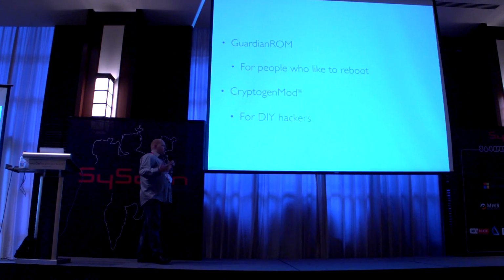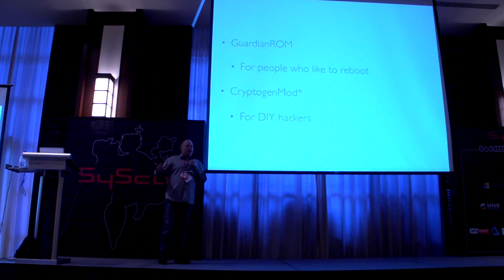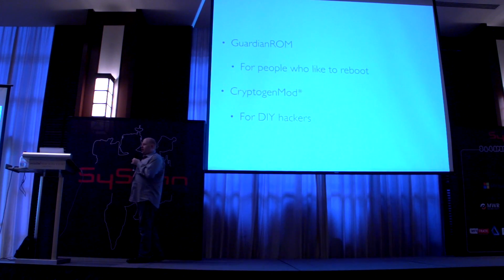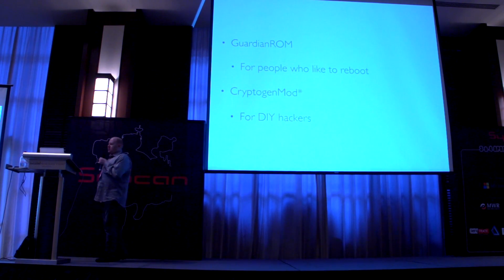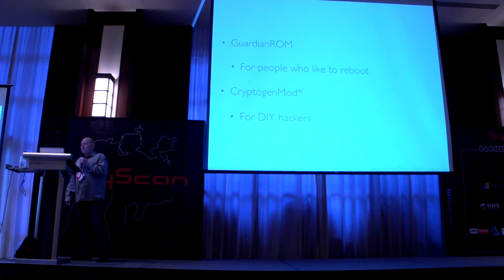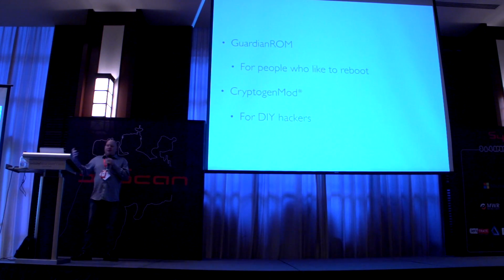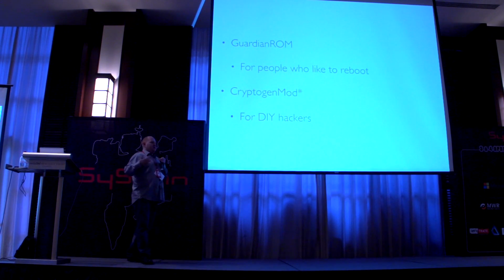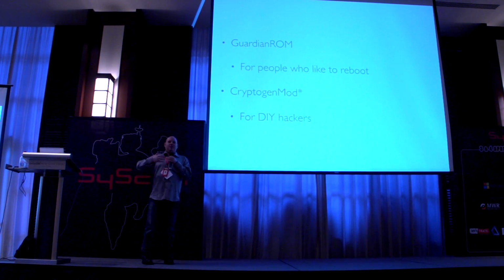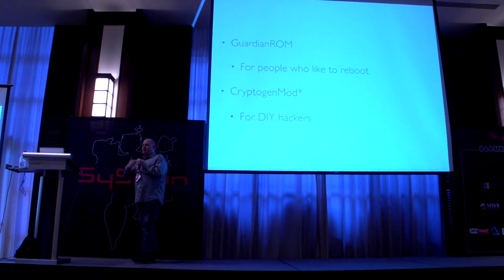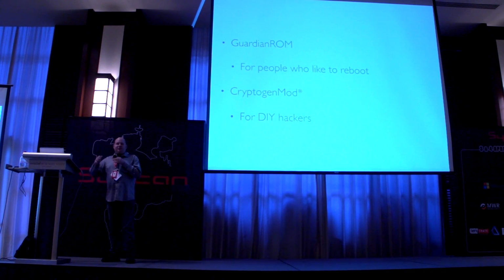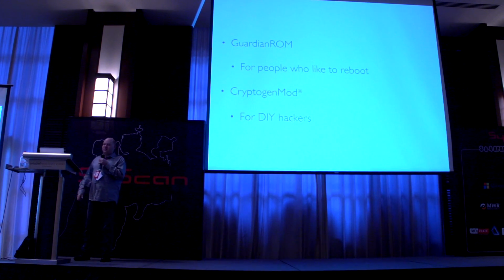There is an open source ROM that was created for the Nexus 4 and one other model, I think the S3, but I might be wrong on that. So the Guardian ROM basically has a modified version of the volume mounter that has a TrueCrypt-like inner and outer volume built into it.